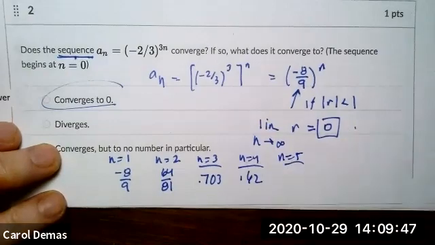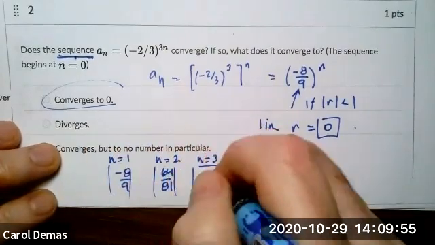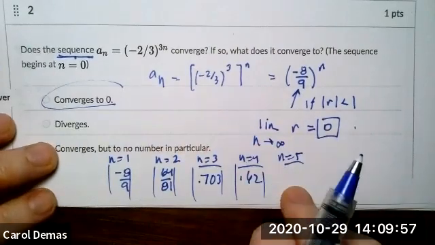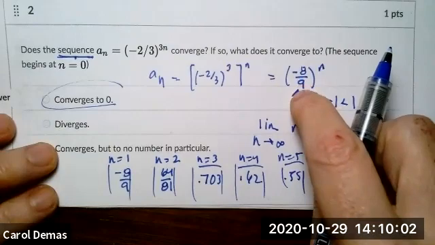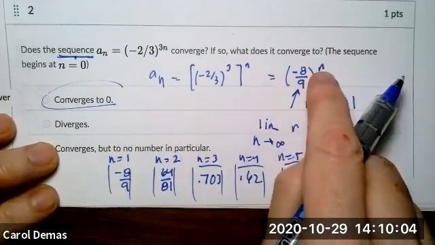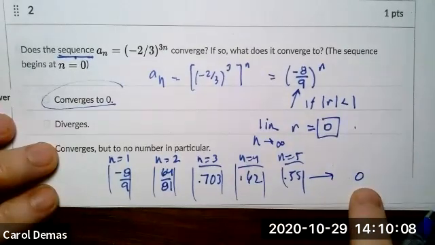I'll do one more so you can see the trend. The absolute values here, okay? It's getting smaller. So if this ratio is less than 1, when you raise it to a higher power, it gets smaller, and the general trend is that it's going to 0.